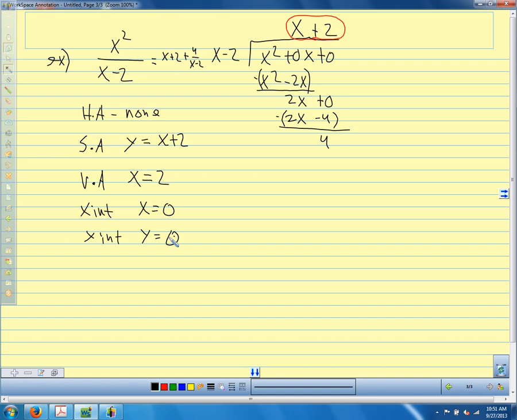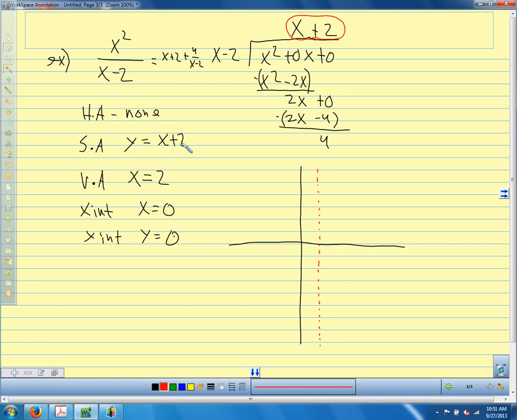So now we have our information. All we need is our additional points so we can sketch our graph. Oh, we're getting tight on time. Vertical asymptote, x equals 2. How do we graph this slant asymptote, y equals x plus 2?